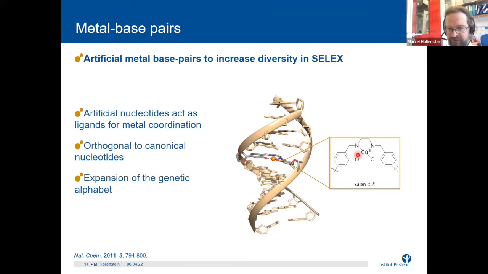The idea is that obviously these would be orthogonal to canonical nucleotides, which allows for an expansion of the genetic alphabet, and might solve some of the drawbacks involved in hydrophobic aromatic artificial metal base pairs that have been reported, for instance, by the groups of Romesberg and Hirao and Steve Benner in the States.